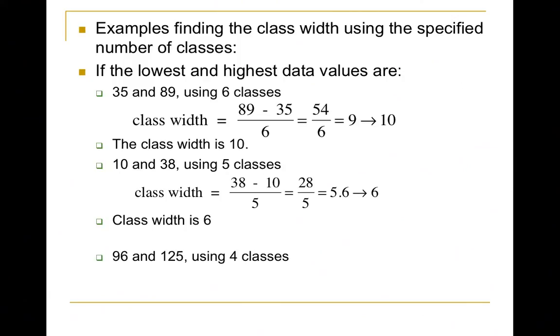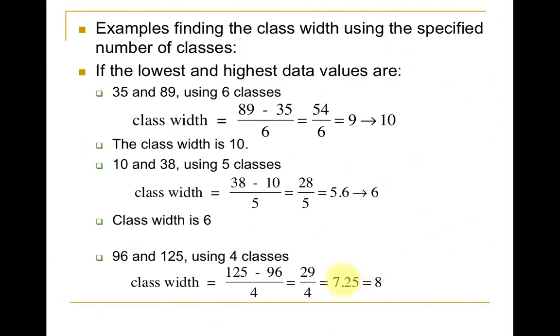And the last one, we have a smallest data value of 96 and the largest data value of 125 using 4 classes. So our formula is 125 minus 96 divided by 4, which becomes 29 over 4, which is 7.25.